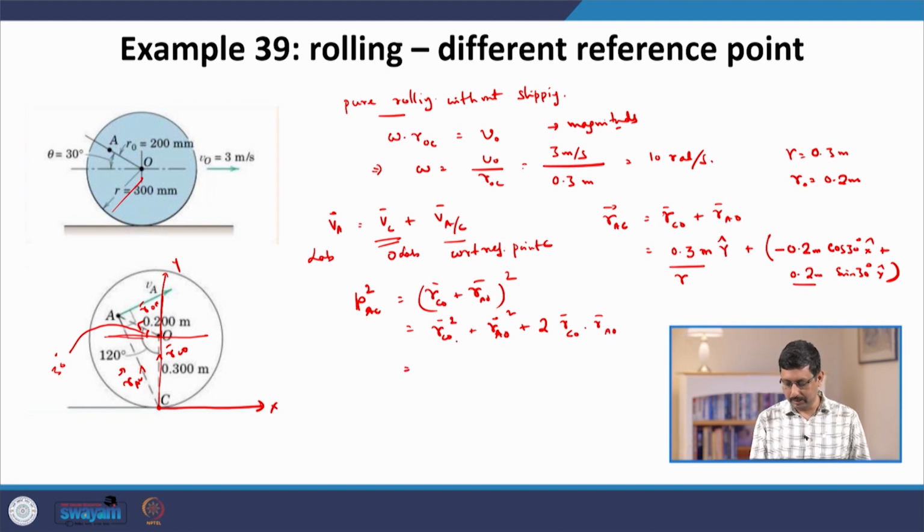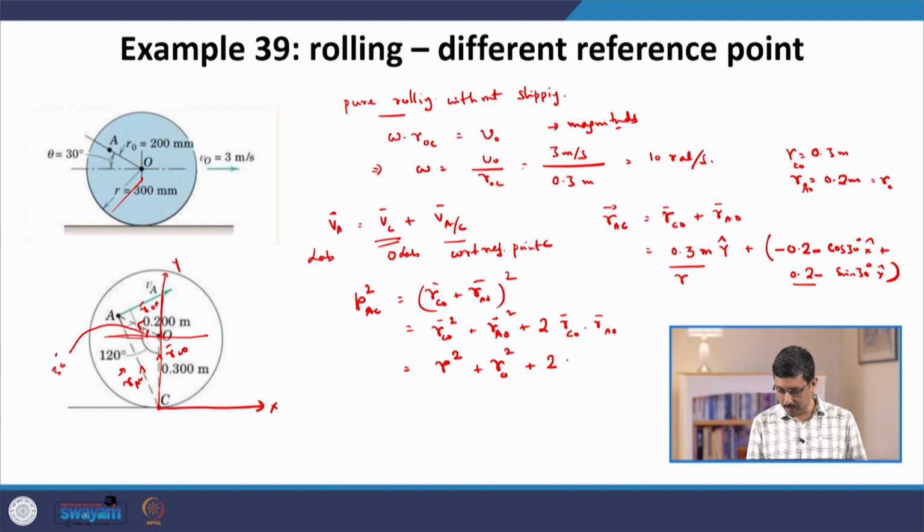So, this will give us R squared plus R naught squared plus 2 times the dot product. If we take the dot product between these two, only the y component will survive.